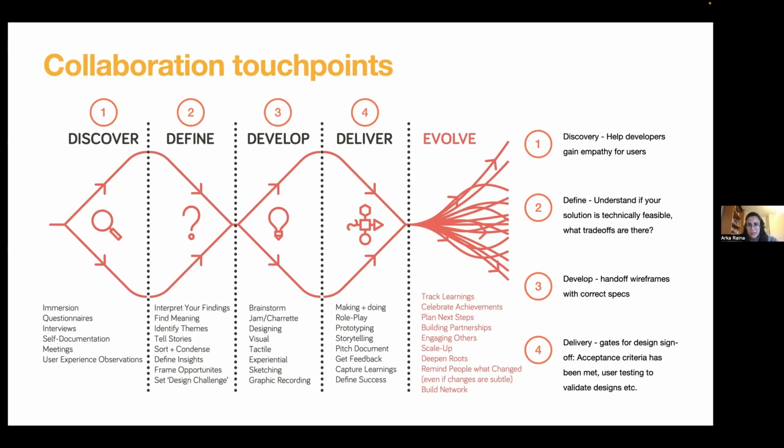In case you don't know what an acceptance criteria is, it's basically what needs to happen in order for your user story or for the design that's been developed to be successful. So obviously you want the users to have a successful interaction and experience with your wireframe.